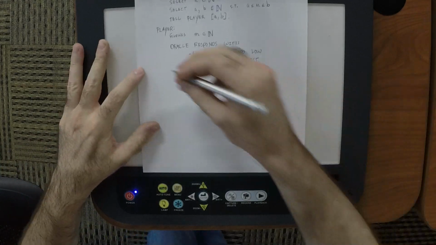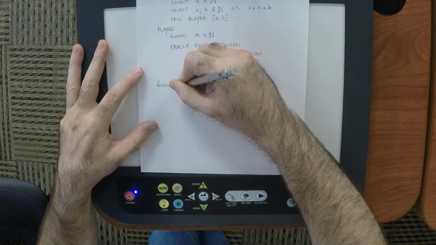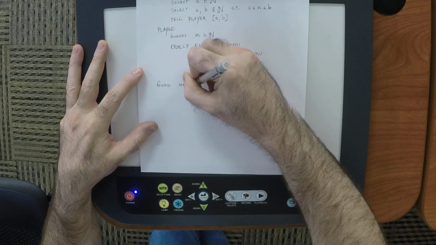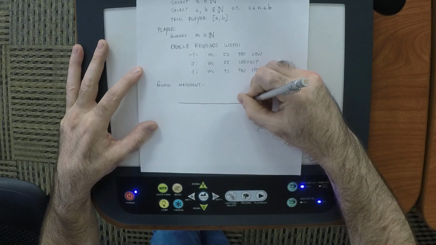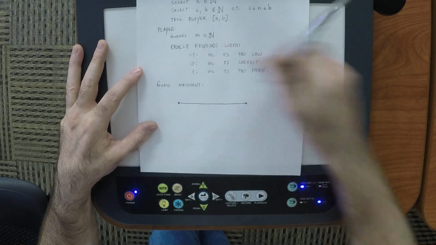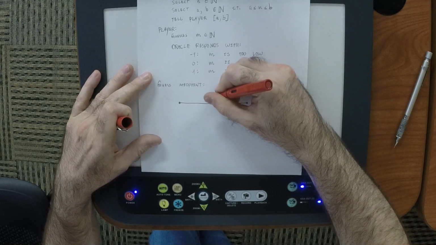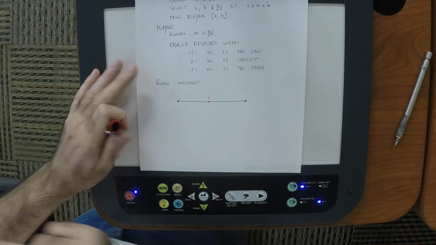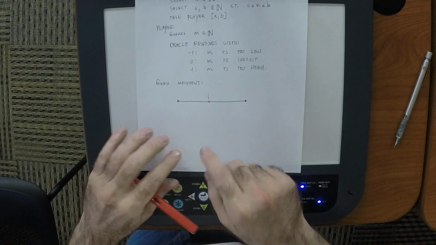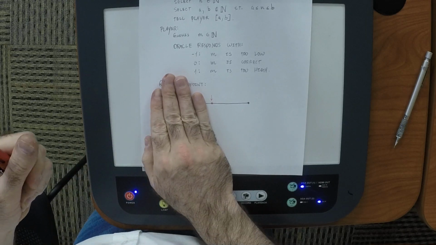So if you guess the midpoint, and the response is that that's too low, then do you observe that that means that you have cut the problem in half?